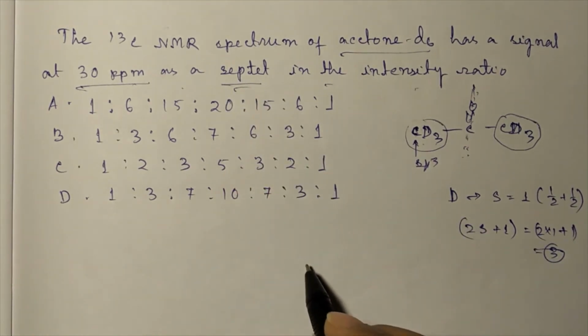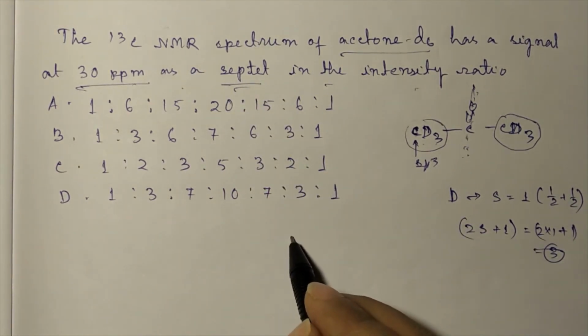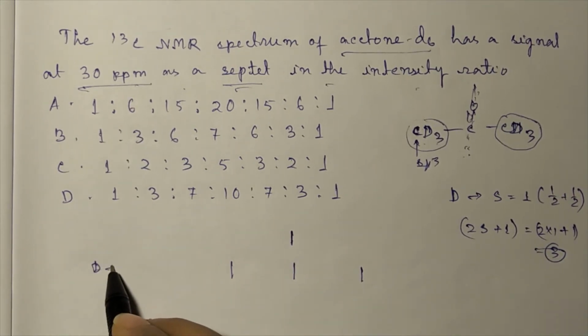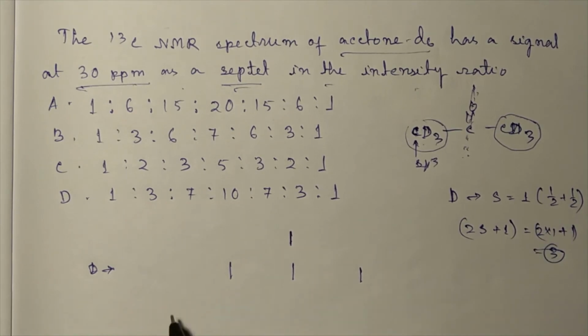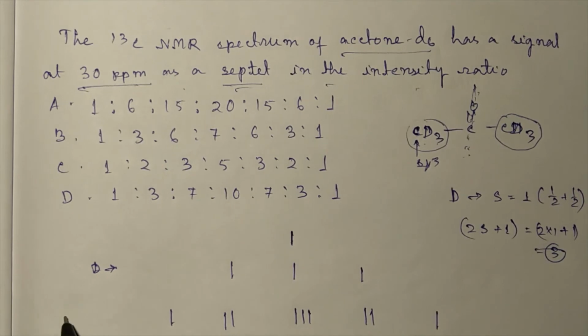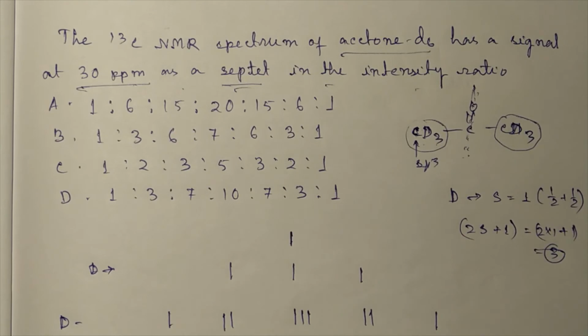Now the intensity ratio can be determined in this way. Let's say this is the carbon signal. It will be split as a triplet by one deuterium. Now the next deuterium will split each of these 3 signals into a triplet. This is the second deuterium, and the third deuterium will again split each signal into a triplet.